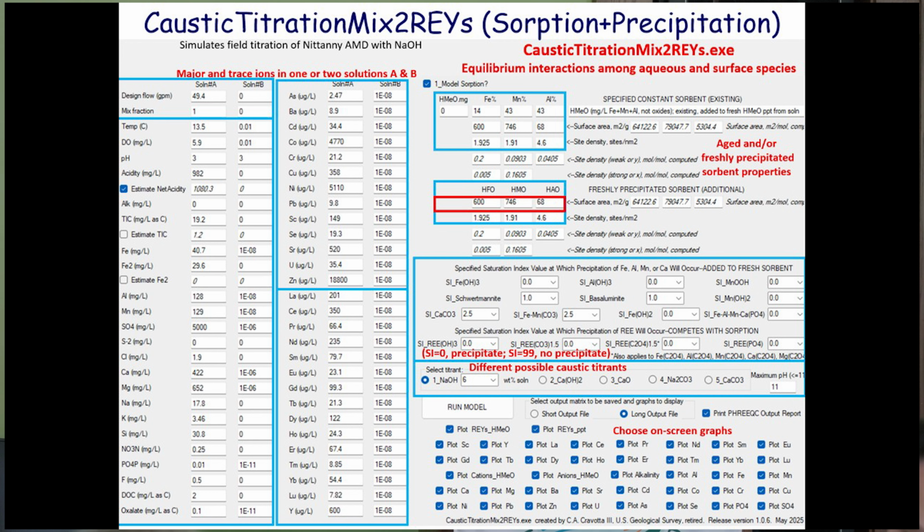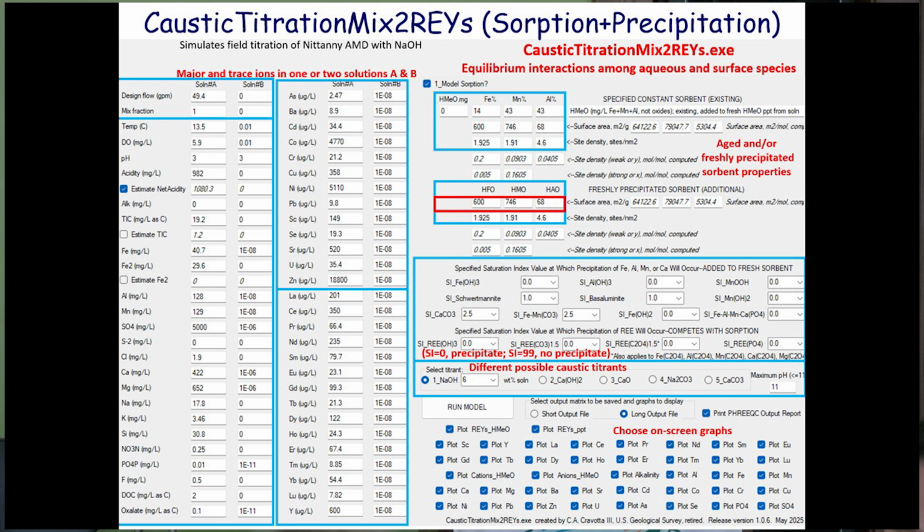Now it's the same caustic titration model, but now the units are in micrograms and milligrams, and this is where I actually titrated a water in the field. This was one of the waters with the highest concentrations of metals that we sampled. We went back out to the field and titrated it, adding sodium hydroxide to reach certain pH intervals.